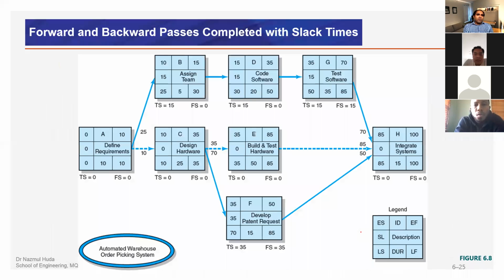All right. Now, in the forward pass and backward pass, we complete the slack. This is the completed project network diagram that gives us a clear indication of the amount of slack.